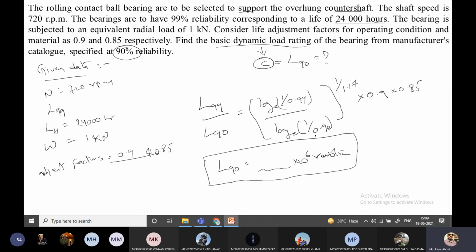Don't substitute all the values at a time. Calculate the numerator value and the denominator value separately. After calculating separately, then substitute. If you substitute all the values at a time, there will be some errors in the answer. So do it separately and then substitute all the values.